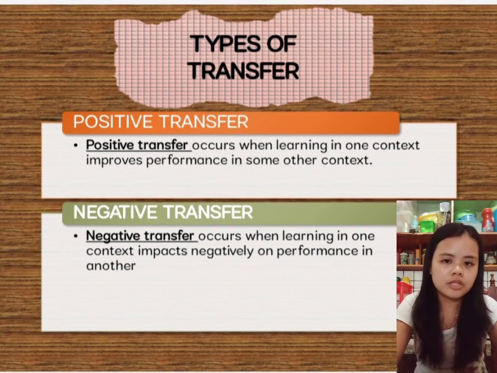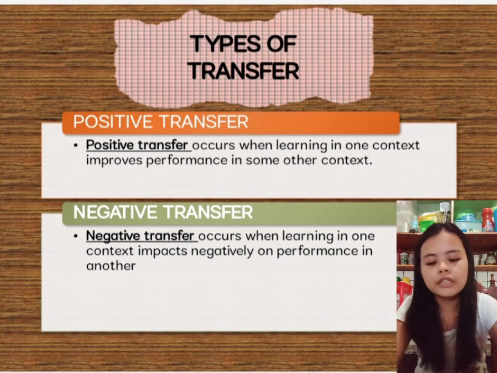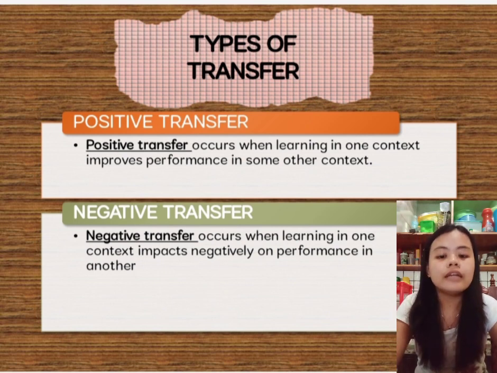It's opposite because positive transfer gives a positive impact on performance, while negative transfer gives a negative impact on performance. So negative transfer is opposite to positive transfer from the name itself.